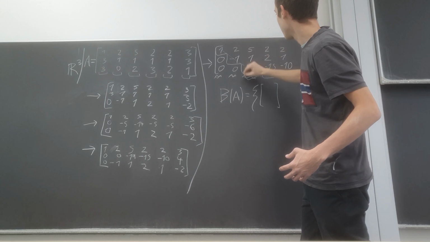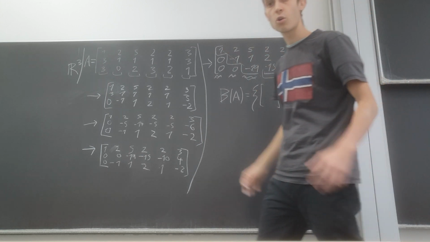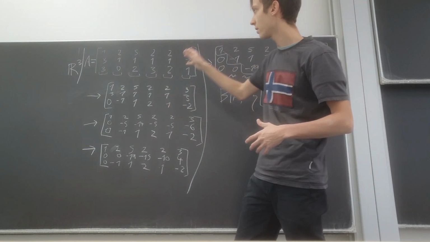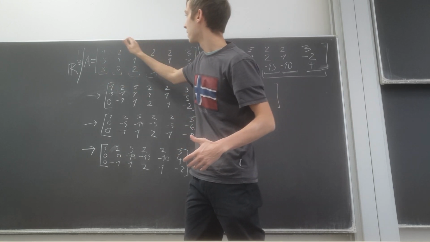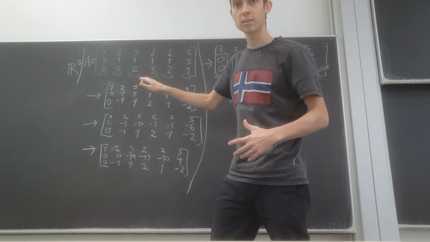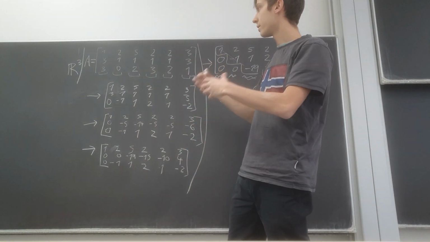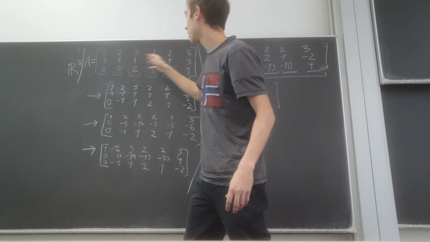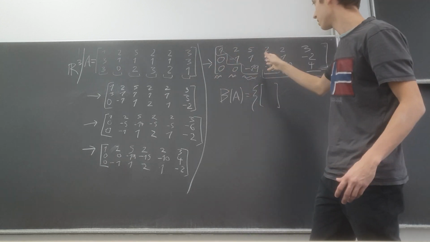So we can either write them in this form, write these three columns as the basis of it, or if we want to go back to the initial form of the matrix and actually refer back to what we had and refer explicitly to it as a matrix which has a column space, and we want the span of the column space, the only ones that are needed to span all these different columns, the only ones that are actually independent, then we can just take the same positions as we found here.